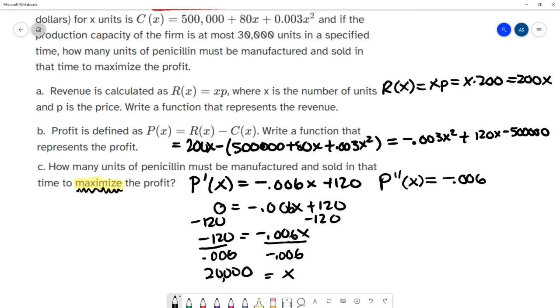And this is always negative. When the second derivative is negative, we know that the function is concave down. And that being combined with our critical number means that we've produced a maximum value. So we are going to have a maximum profit when our factory produces 20,000 units of our penicillin.